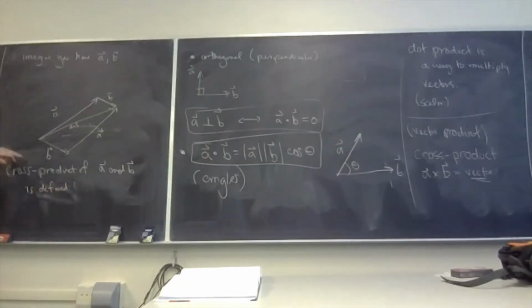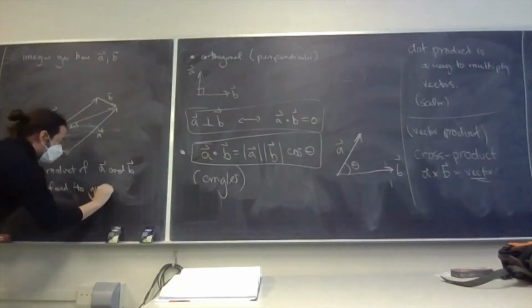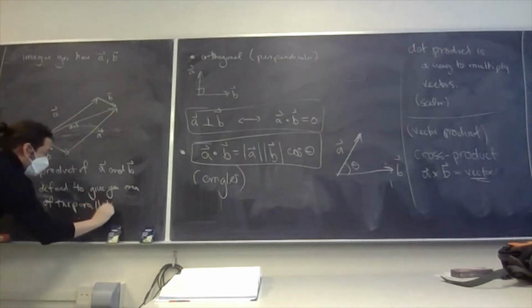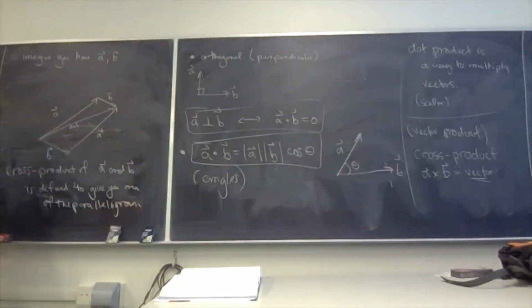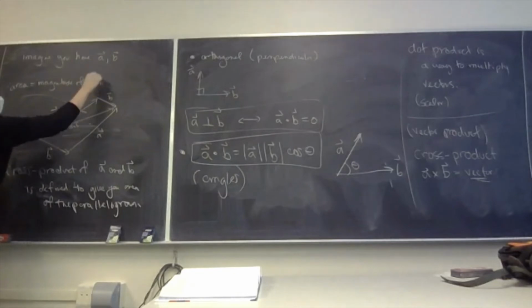But the definition of the cross product, which we'll write down in a second, is defined to give you the area of the parallelogram. So the area contained inside of that is the absolute value of the cross product. Area is equal to the magnitude of A cross B.